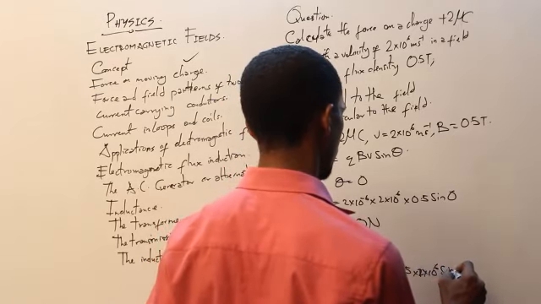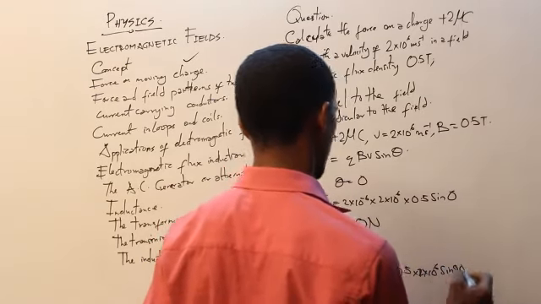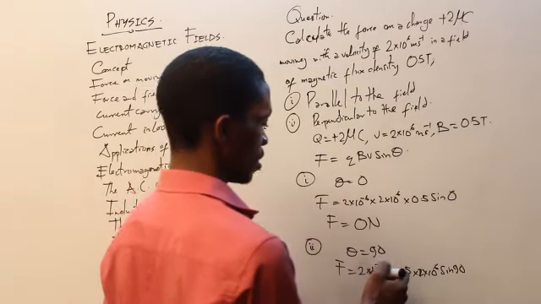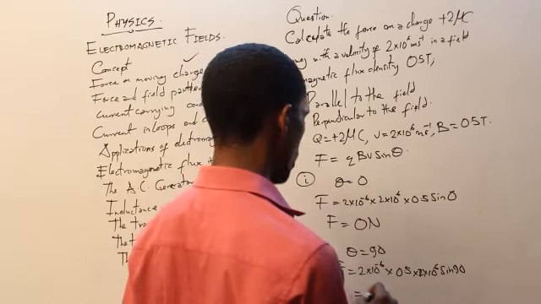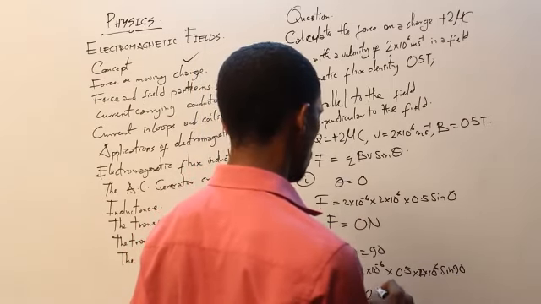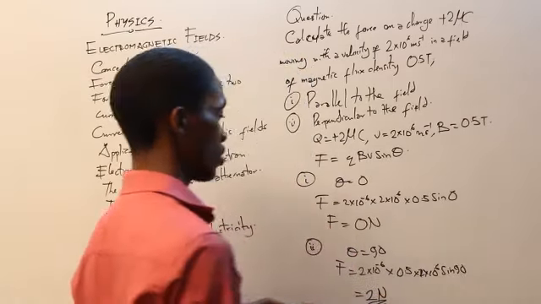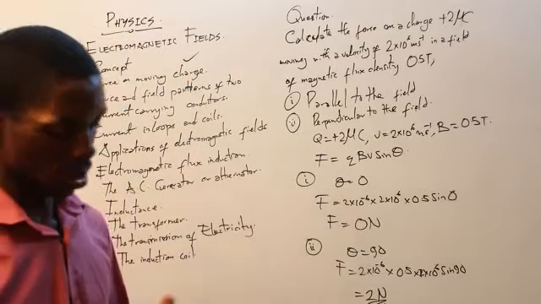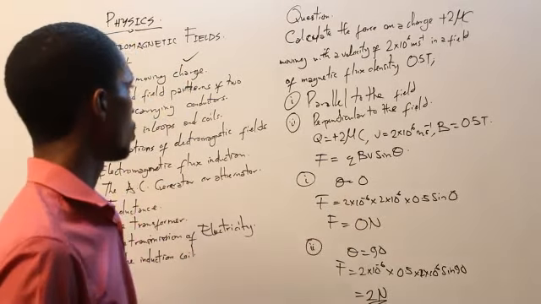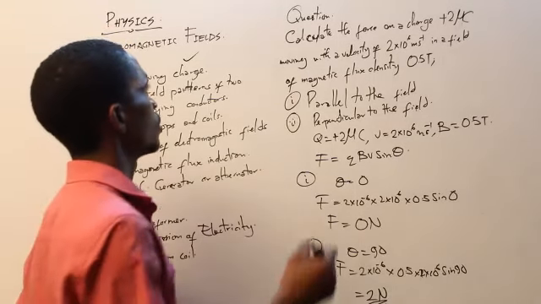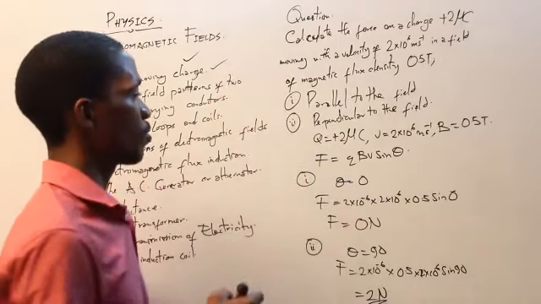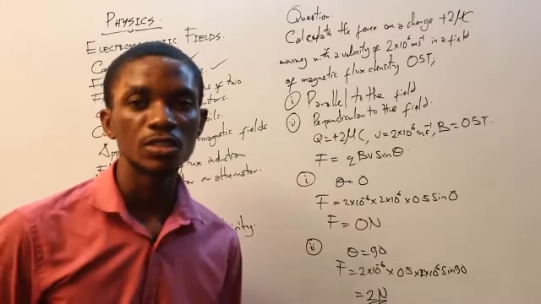And sine theta is sine 90. So this minus 12, if you press all this information into your calculator, your answer will be 2 newtons. So it is 2 newtons that would be the force acting on the body.